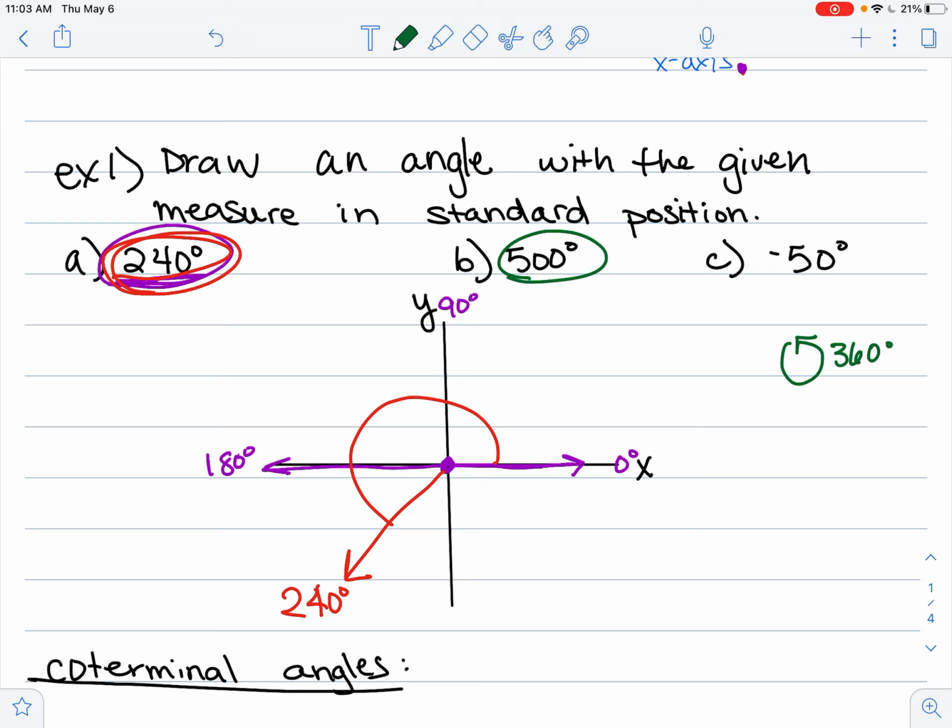So if here's my vertex, here's my initial side, I'm going to go a full circle, 360, plus 90 is 450, plus a little bit more, 40 degrees more than that is about 500. So I know 500 is going to be a full circle plus another 140 degrees more.